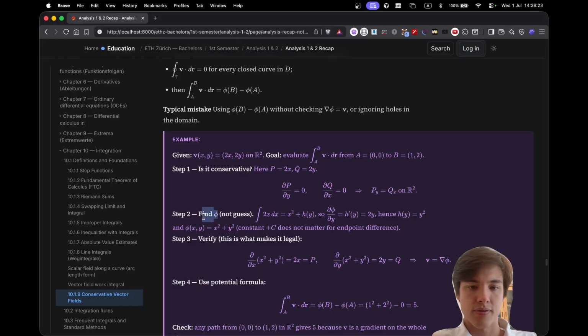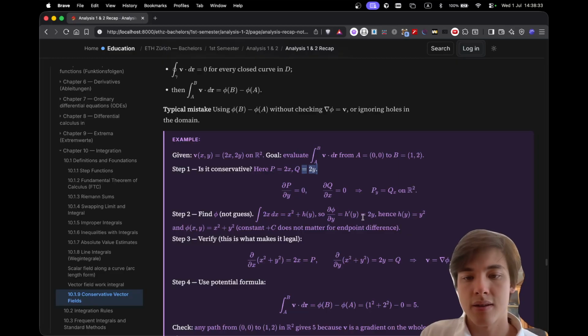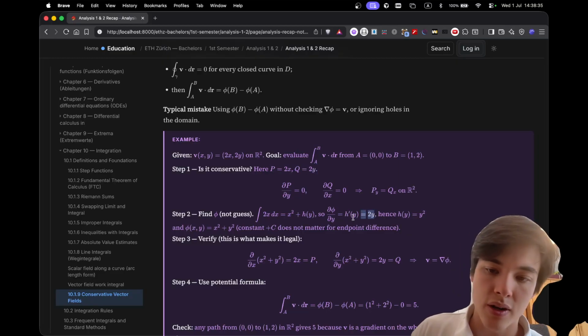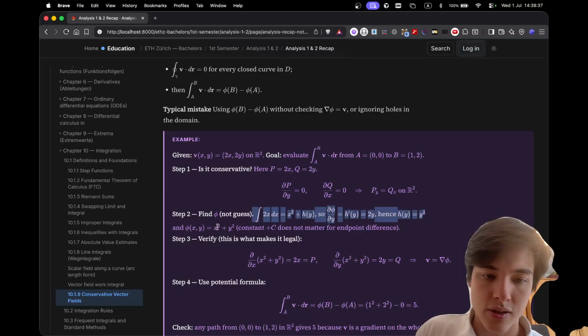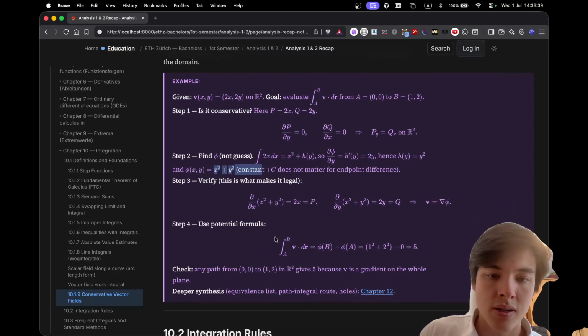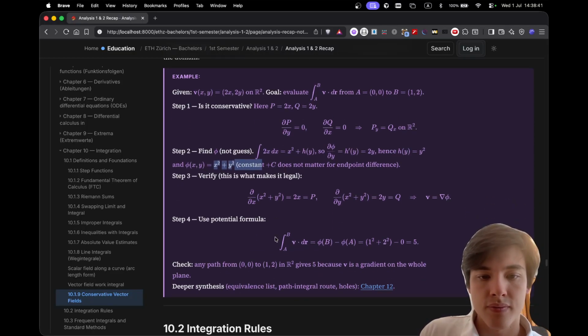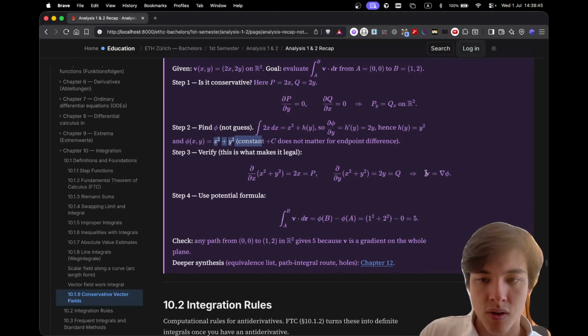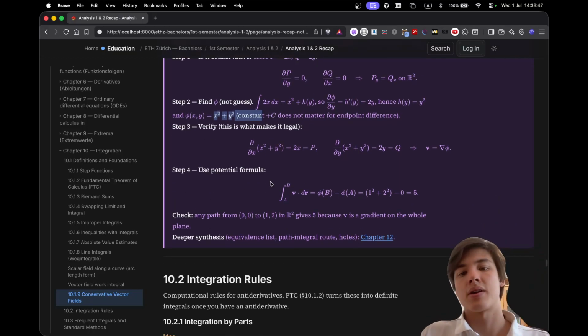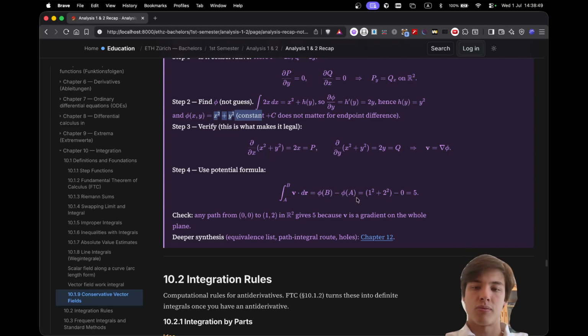Then we find phi by integrating, or knowing that the derivative of this needs to be that, h of y, and then we can integrate it, so it's just x squared plus y squared. And then we can just use the potential formula.